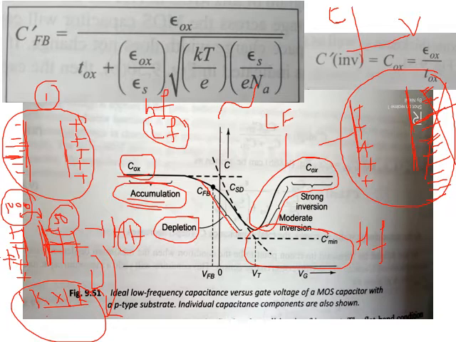See, this is 0, so on the left hand side of 0 we get negative values of voltage. Whenever negative voltage is given, accumulation happens. And when we give positive voltage after 0, on the right hand side, what happens? The depletion region will form.